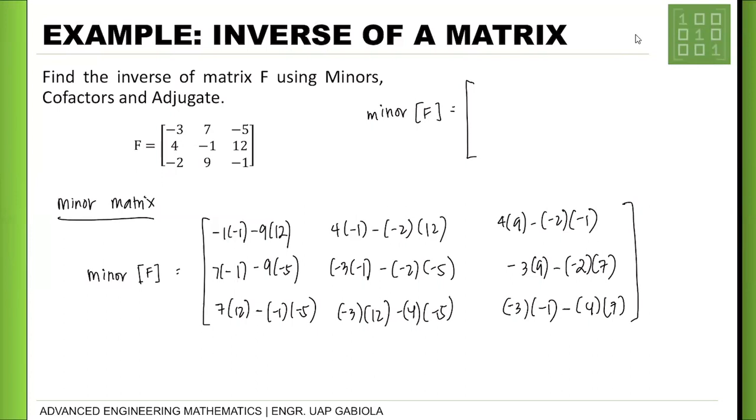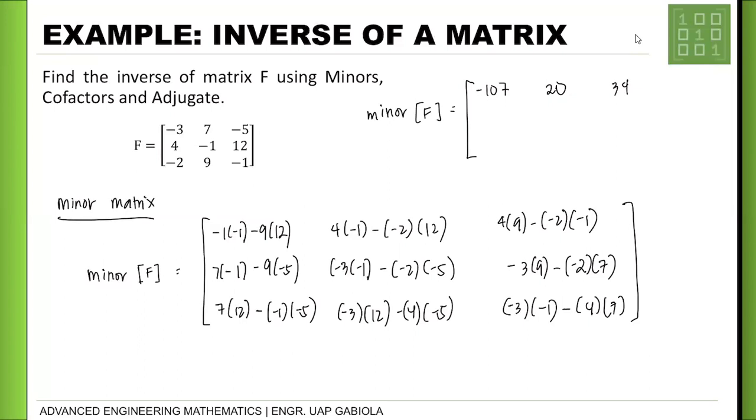You need to practice how to input this one, no, sa calcu. So, meron tayo negative 107, 4, negative 4, negative 1, minus negative 2 times 12. We have 20. Then 4 times 9 minus negative 2, negative 1, 34.